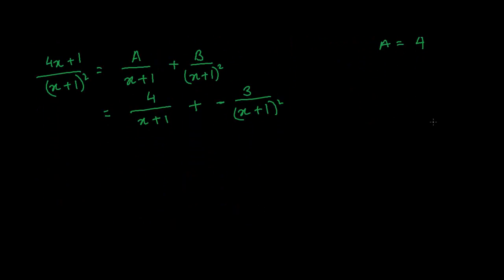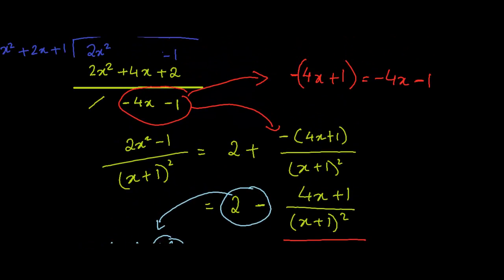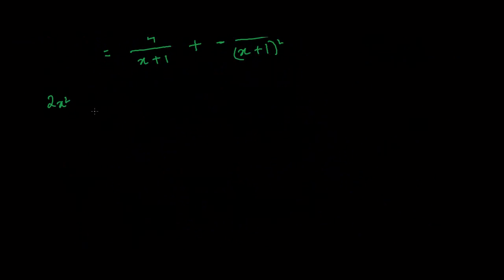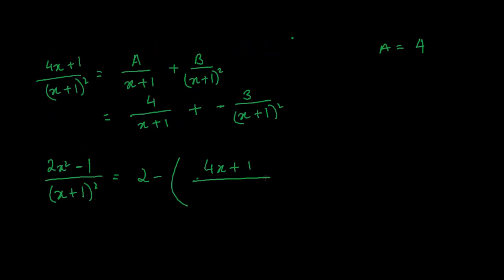Now coming back to the absolute original equation, 2x squared minus 1 over (x plus 1) squared is equal to 2 minus (4x plus 1) over (x plus 1) whole squared.